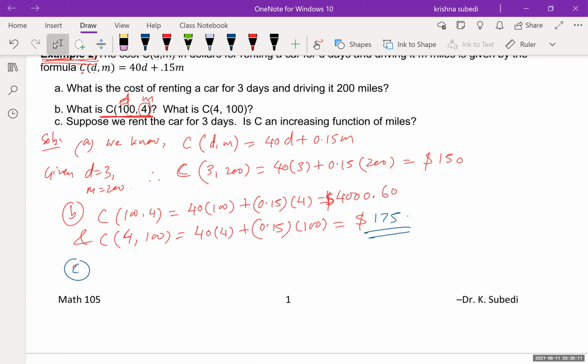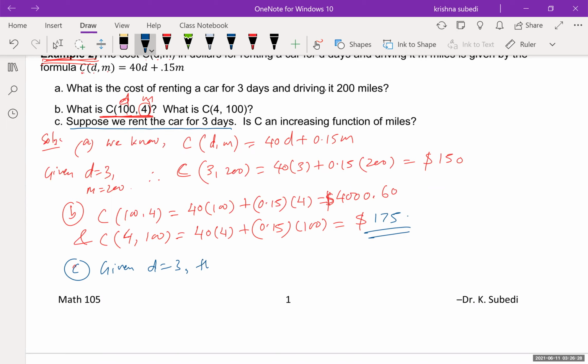And part C, suppose we rent the car for 3 days. Given D equals 3, is C an increasing function of miles?